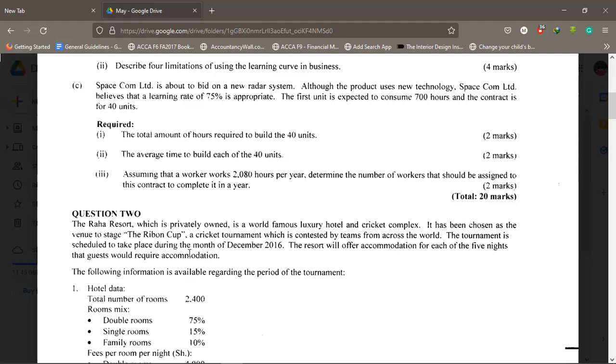I know this is a very easy question. Someone explain to me what we are supposed to be doing to get the total amount of hours required to build the 40 units. What are we supposed to do? Someone?